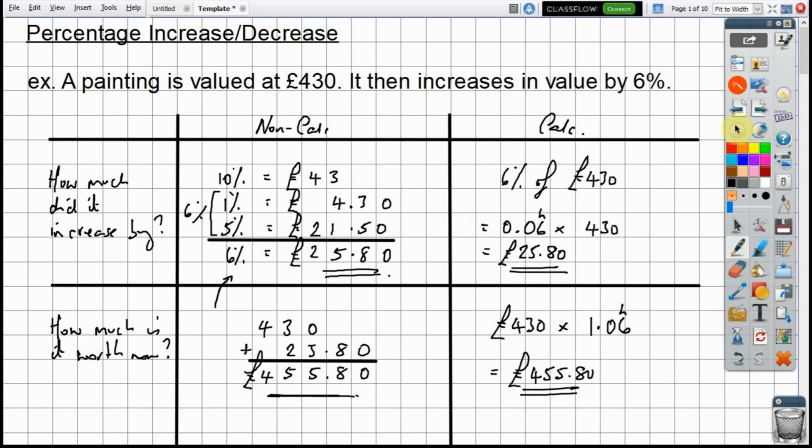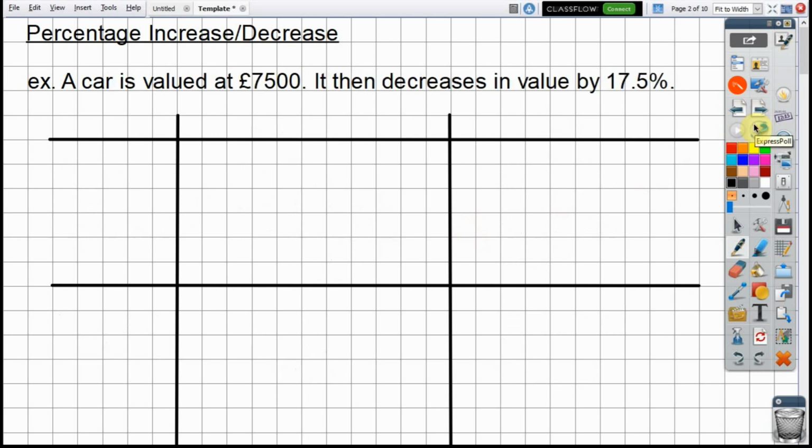Now it's exactly the same if we start to consider decrease. We've again got the non-calculator and calculator possibilities. We've got how much did it go down.